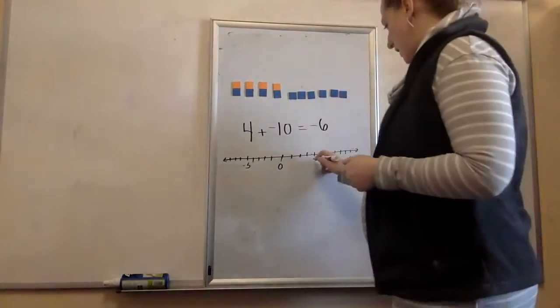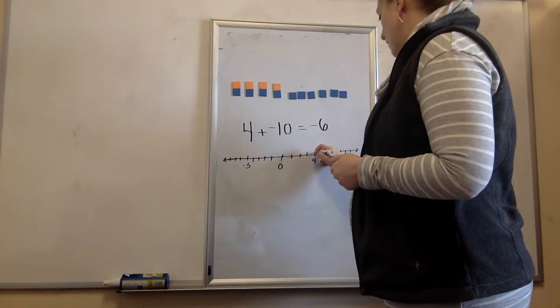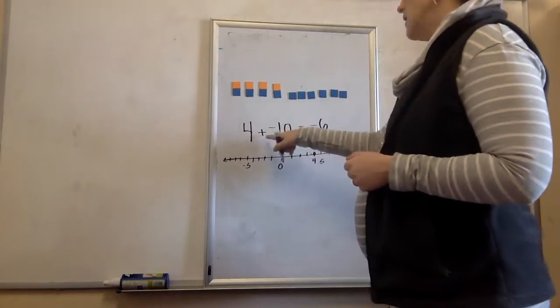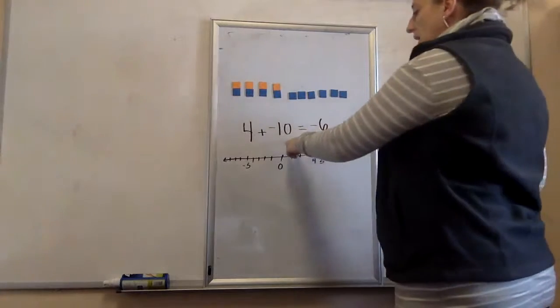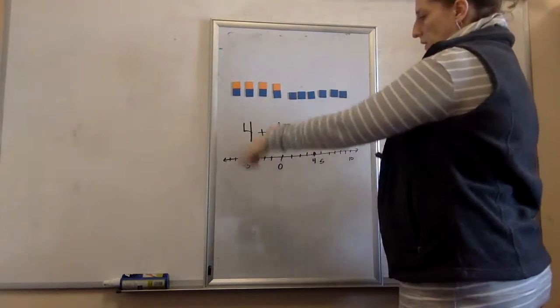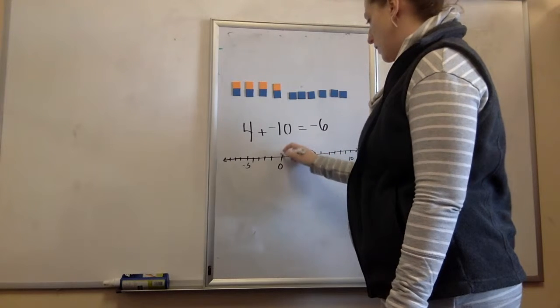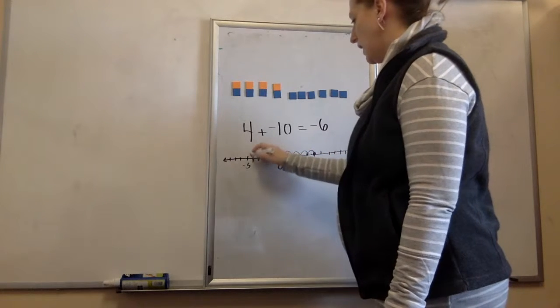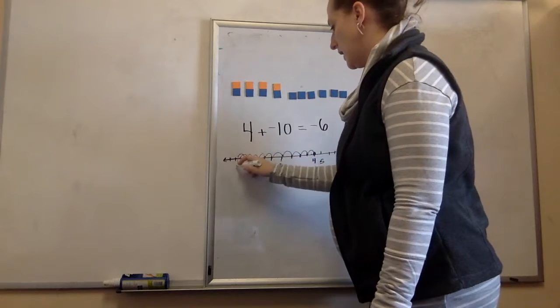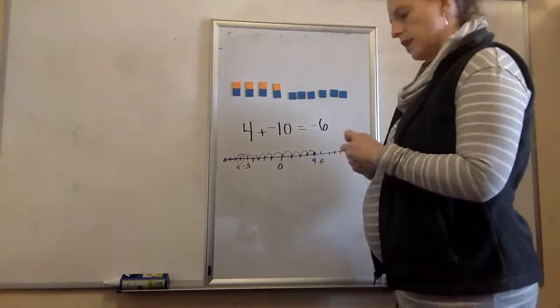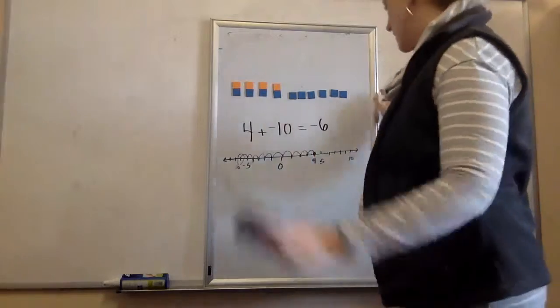So I'd start here at 4. And then remember that the negative tells me which direction I'm moving. So in this case, I'm going to move to the left. So I'd move 1, 2, 3, 4, 5, 6, 7, 8, 9, 10 to the left, and I'd end at -6. Same answer that we got here. All right, let's look at the next example.